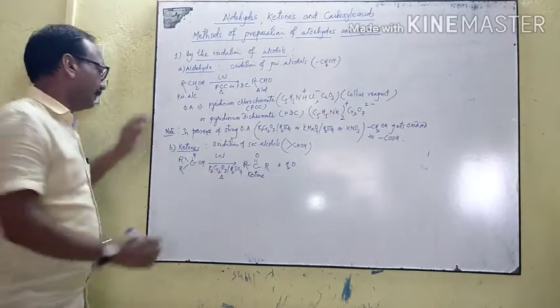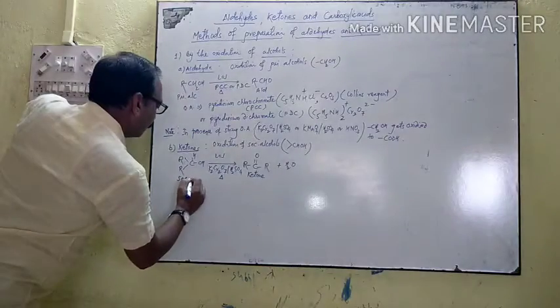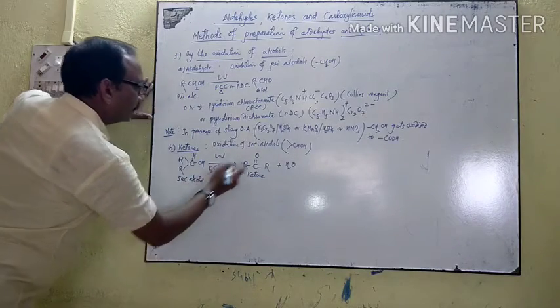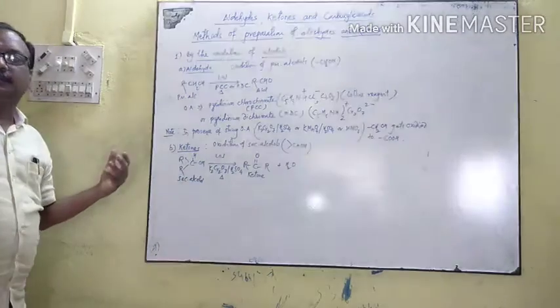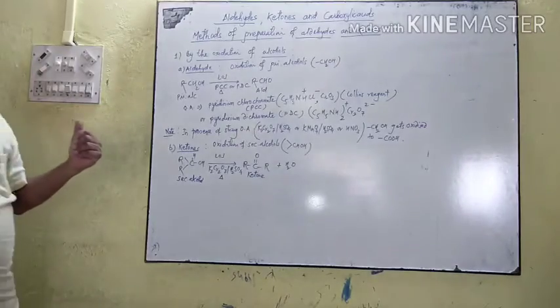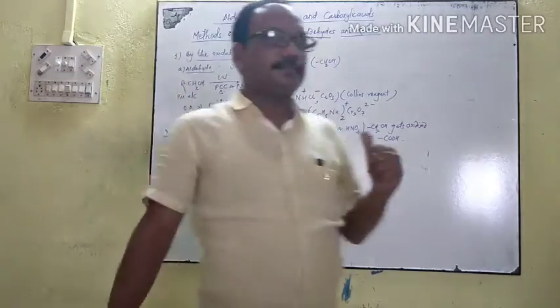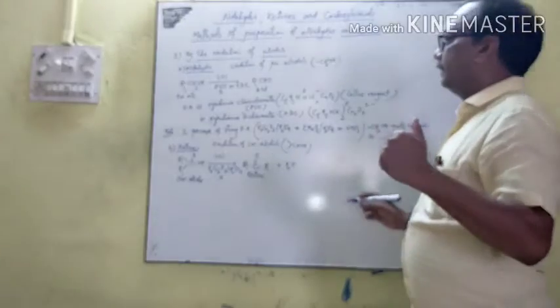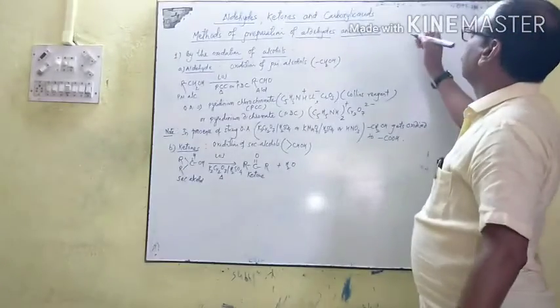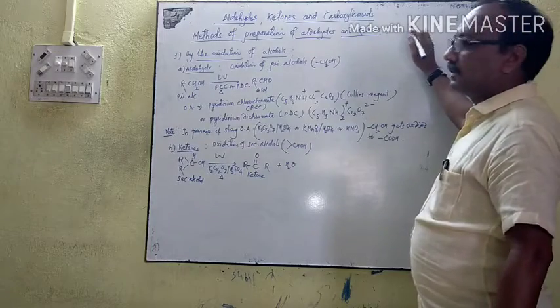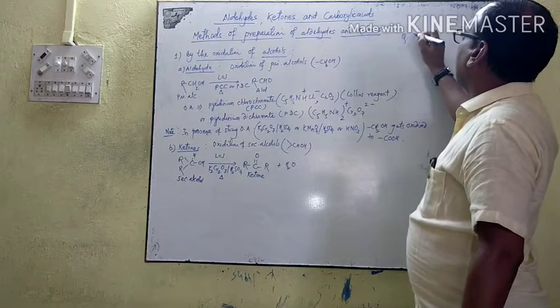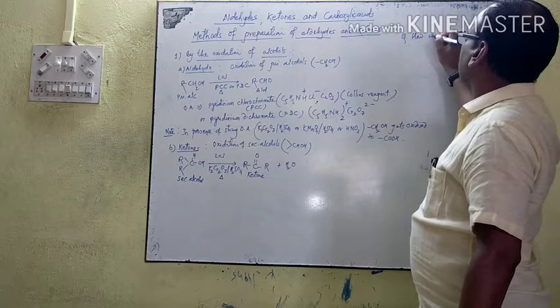So this way secondary alcohol on oxidation gives you ketone. You can make use of specific examples, but I shall give you the examples for your exercise. How will you get these?